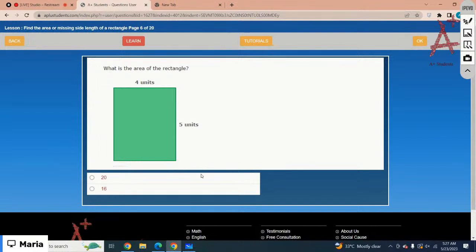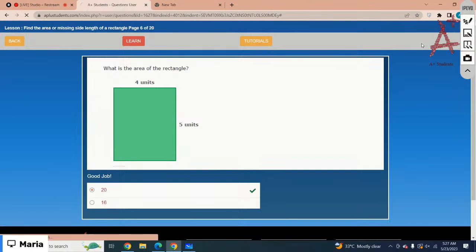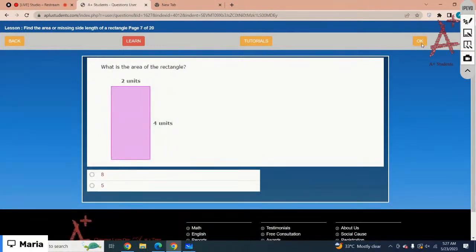Five times 4, so that would be 20. What is the area of the rectangle?